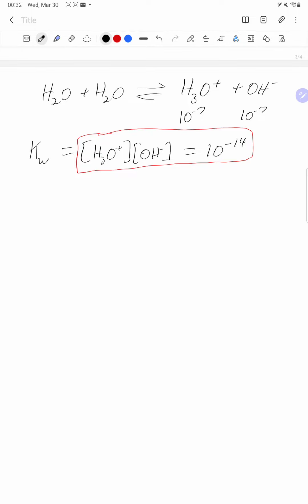Next, we can take the sum of some of the equations we had up above. So like Ka times Kb. So Ka was expressed as H3O plus A minus over HA, and Kb was expressed as, now I wrote it as HB, but here just keep the terms the same, HA rather than HB.